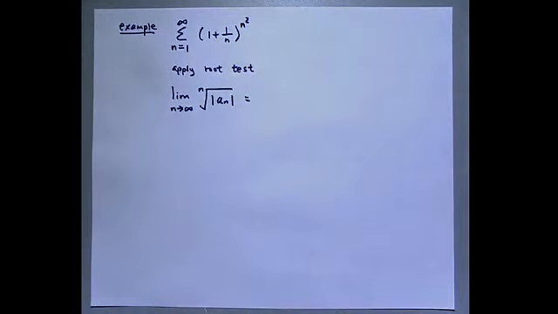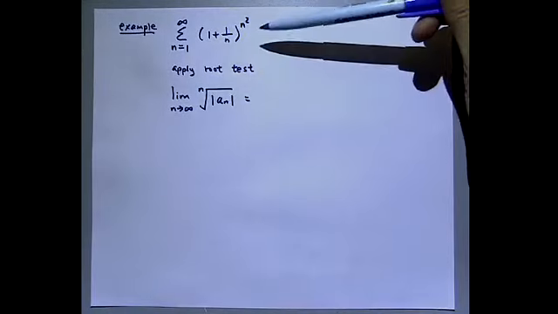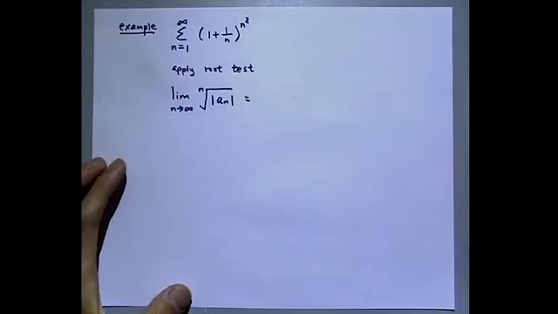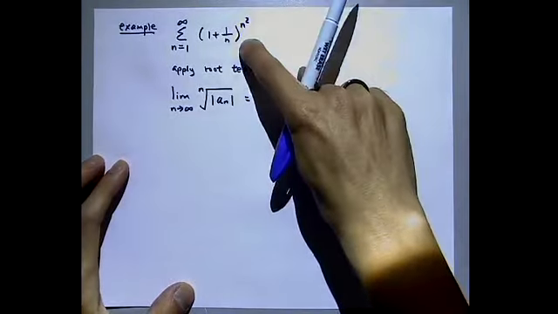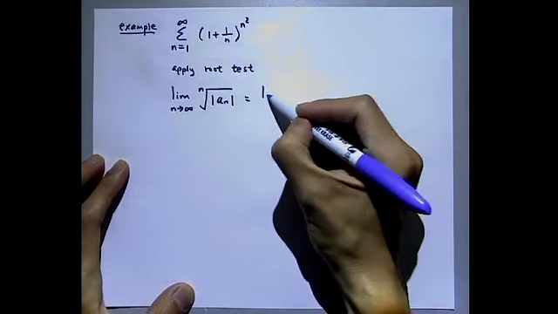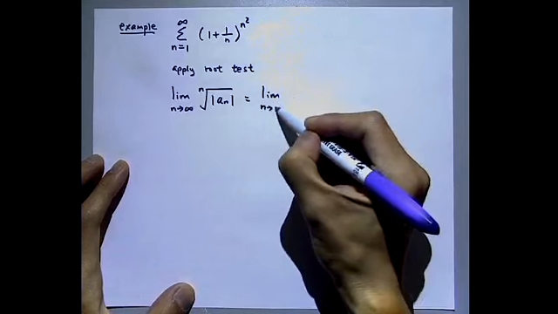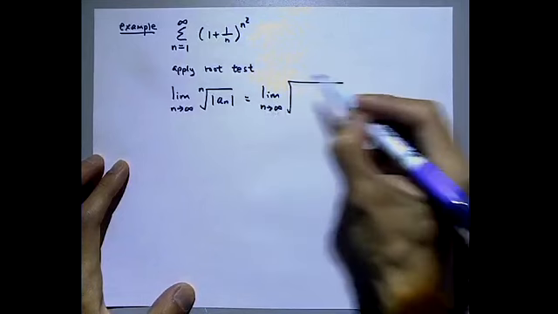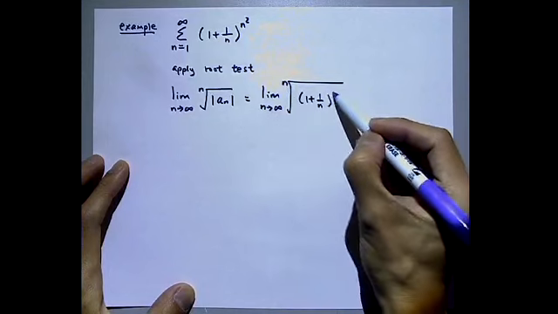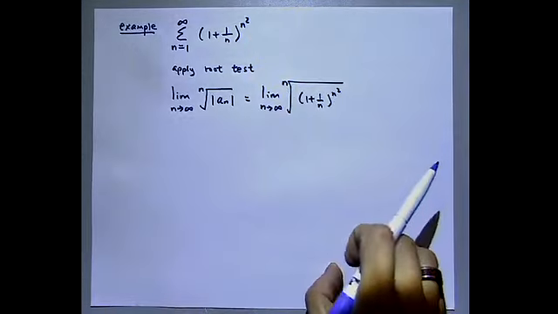We're taking the limit of the nth root of the absolute value of that. But this is always positive anyway, so the absolute value is not really relevant here. So that's the thing we're looking at.